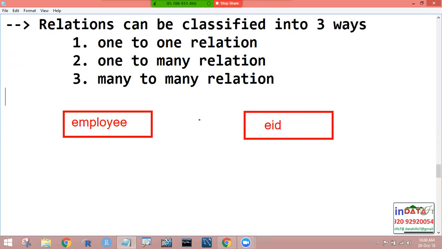There is a one-to-one relationship between these two. Similarly, take student and student ID: a student has only one ID, or an employee has only one ID.